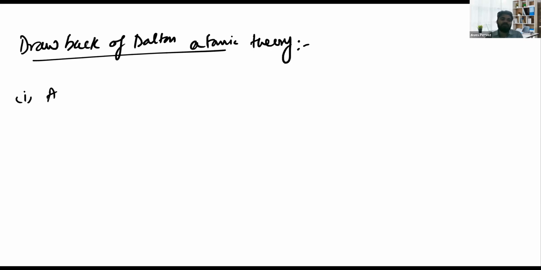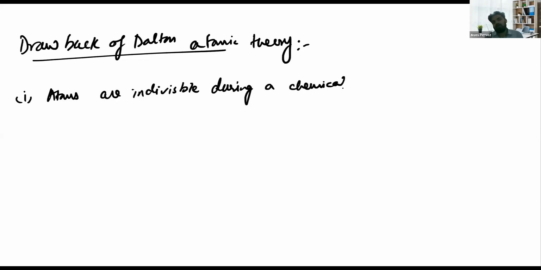Now the next one. Atoms are indivisible during a chemical reaction. Yes, it is correct.